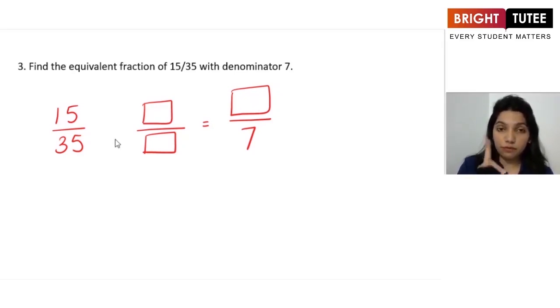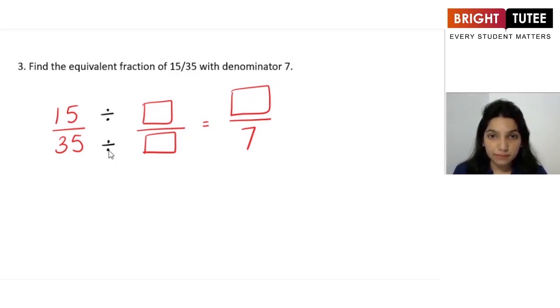So the first thing we notice is that we are going to divide this 35 by a particular number so that we get the answer 7. Okay, now think about your 35. If you divide 35 by that particular number, you get 7 as the answer. What times table will help you?